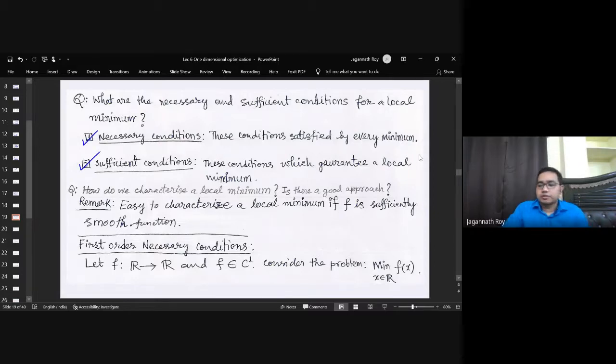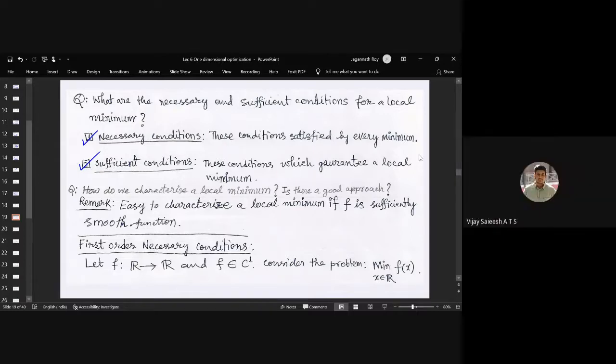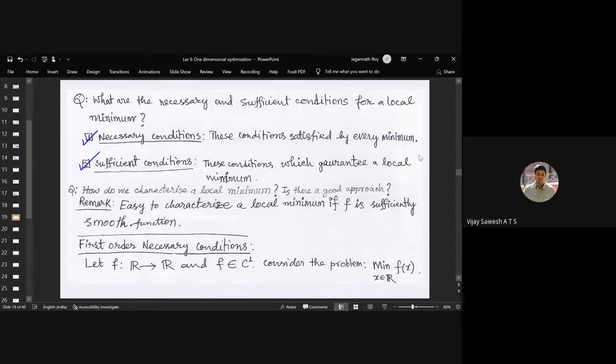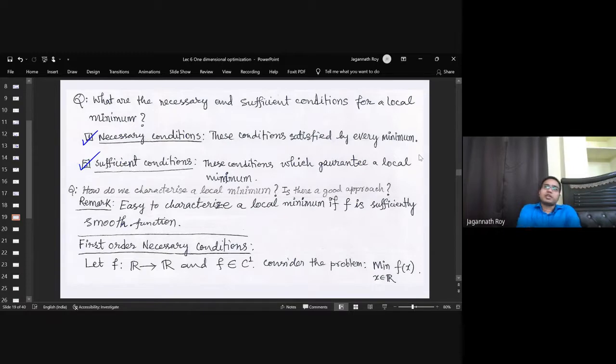Any doubt? Yes, tell me. Sir, is there any optimization problem that works with complex variables? Complex variable optimization, yes. I think we can use complex variable optimization techniques, because the ideas of complex analysis are used in several fields.